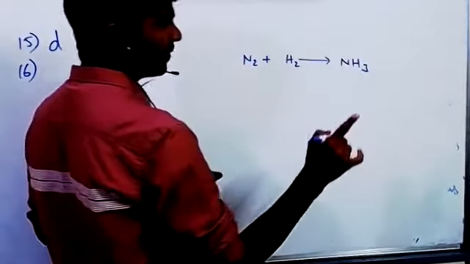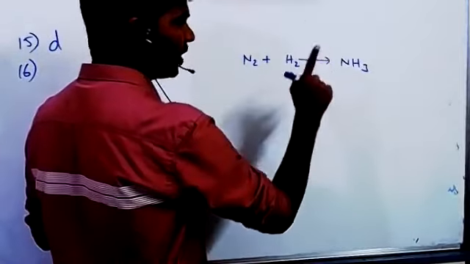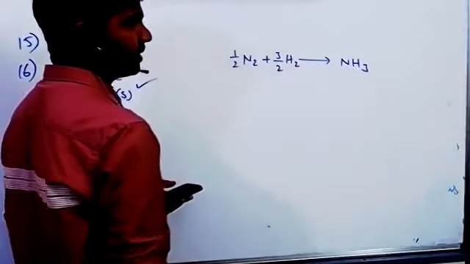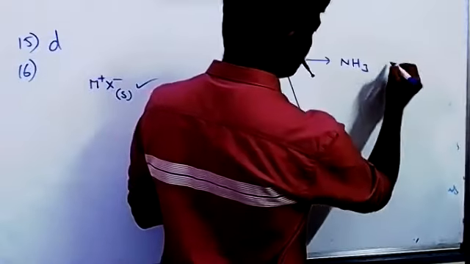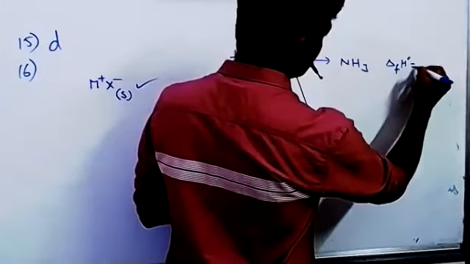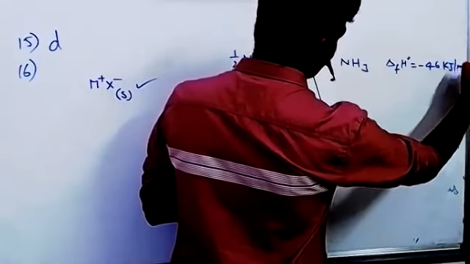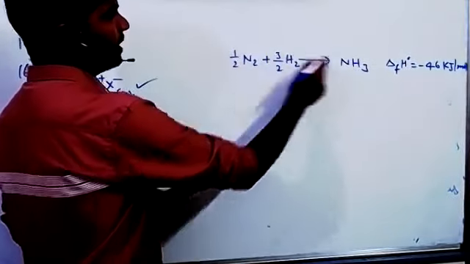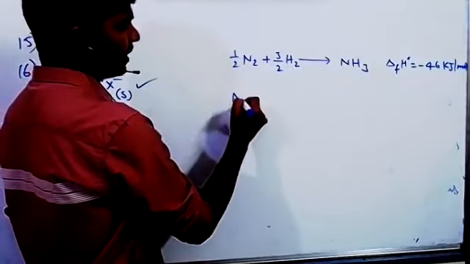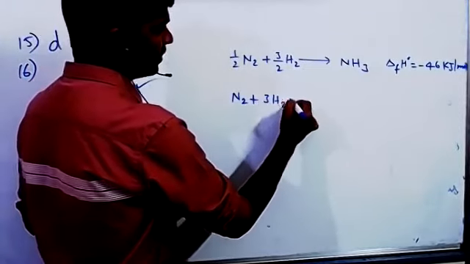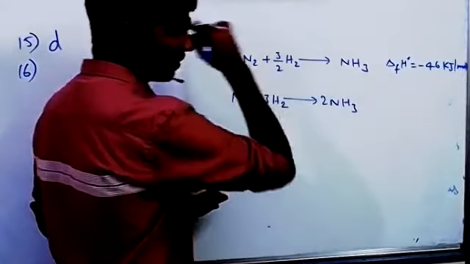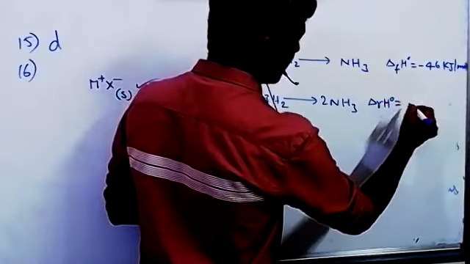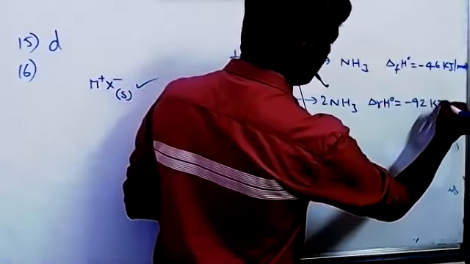According to the definition of enthalpy of formation, ammonia should form only one mole. So for 1 nitrogen take 1/2 nitrogen, and take 3/2 hydrogen. That value is given, minus 46 kilojoule per mole. Suppose to get 2 moles of ammonia, just multiply all with 2. Here N2 plus 3H2 gives rise to 2NH3. But we don't write it as enthalpy of formation, right? The enthalpy of reaction is equal to minus 92 kilojoule per mole.